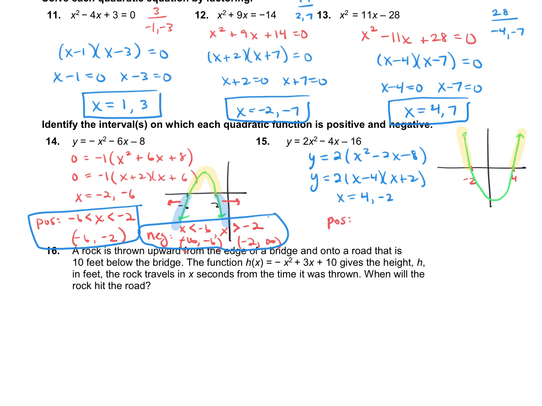So where's our graph positive? It's positive on this side of -2. That's when all the x's are less than -2. And it's positive on this side of 4. So that's when all the x's are greater than 4. Or we could say in interval notation, from -infinity all the way to -2, and then from 4 all the way to positive infinity.